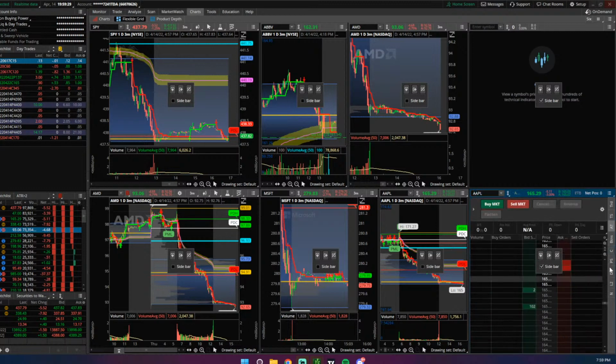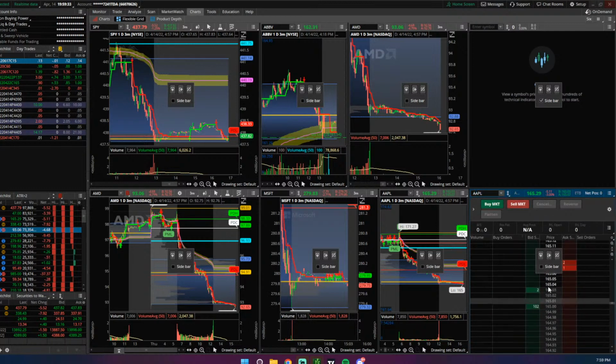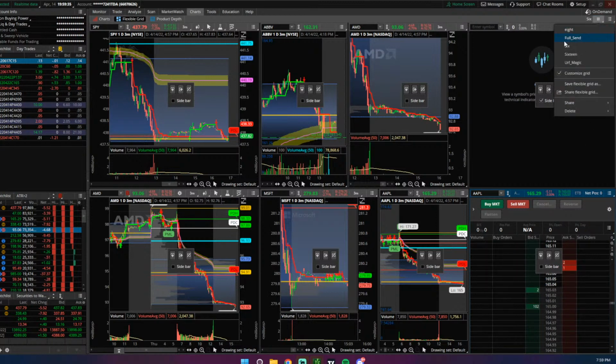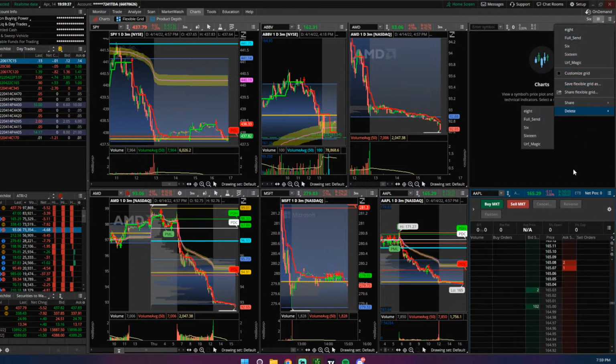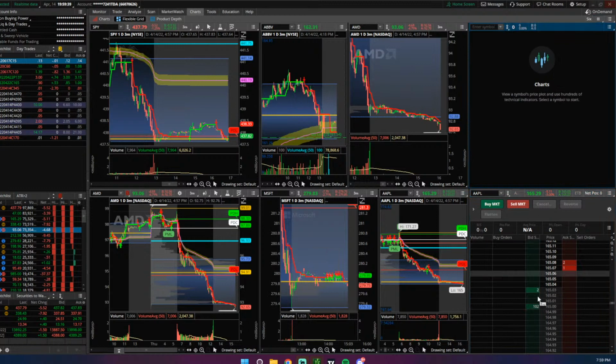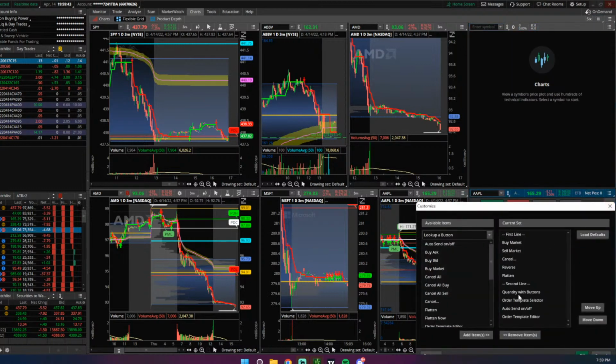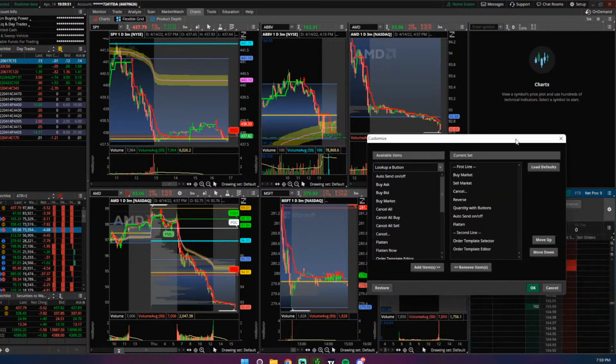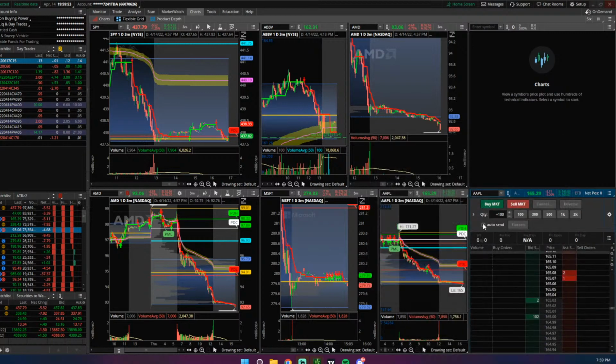So I turn off the chart and just turn on the Active Trader, and then I turn off my sidebar, and then I uncheck the customized grid. And then here's my Active Trader. On this gear icon, I move the quantity with buttons up, auto send on and off, up above, and then I click on OK. I always turn on auto send.